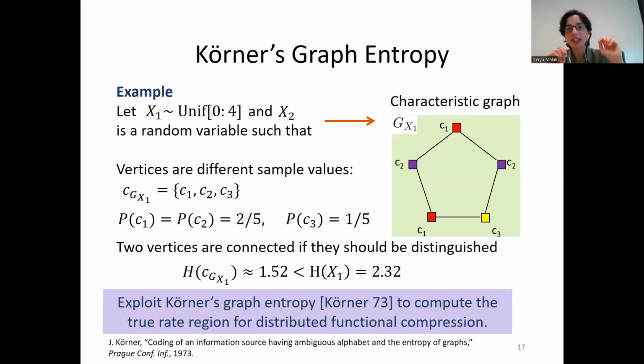If there is no such x2, then I don't need to distinguish these two vertices from each other. I see. Okay, thank you. Yes. It is a bit more complicated than this, but it boils down to this idea. Like the joint distribution needs to also be valid in that specific coordinates. It needs to be non-zero in those specific coordinates.